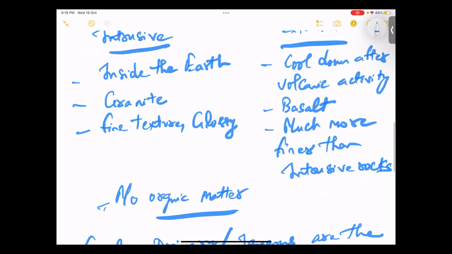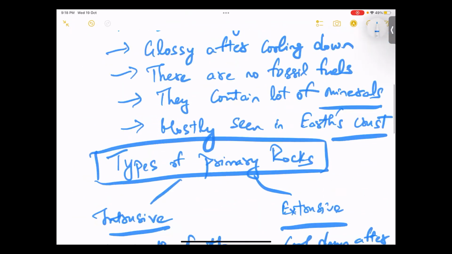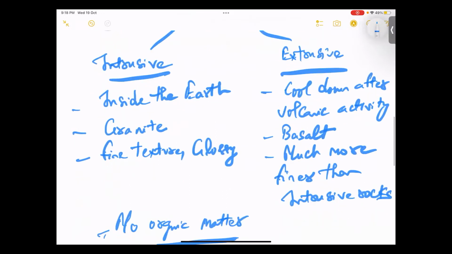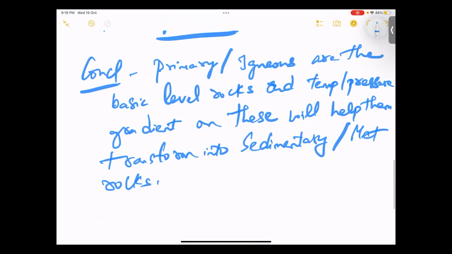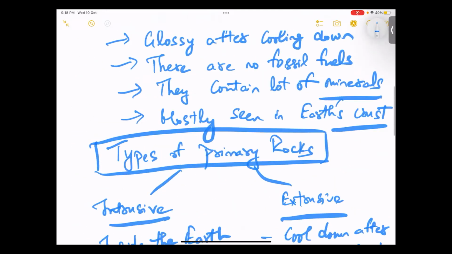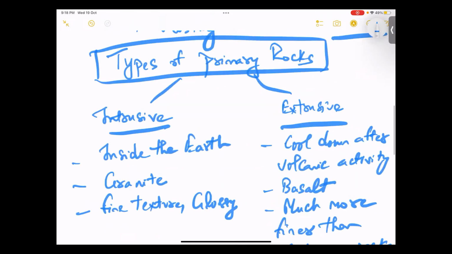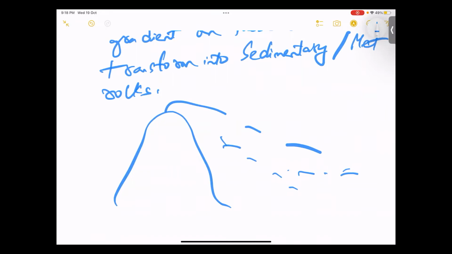In this process, if you want to add any diagram, you can draw the diagram of intrusive or extrusive rocks. Because we are talking about volcanic activity, you can just draw a volcano like this. A volcano, so these are the extrusive rocks, the rocks which are formed after the volcanic eruption.